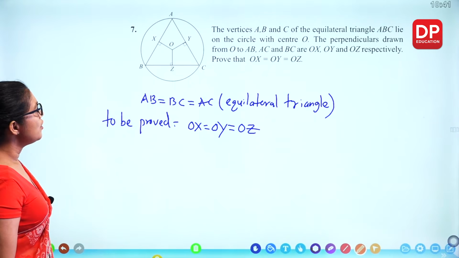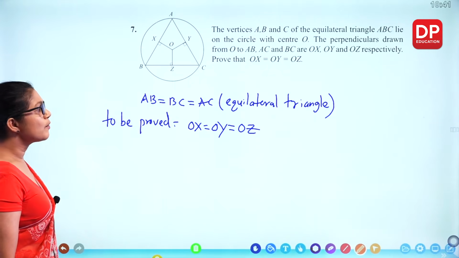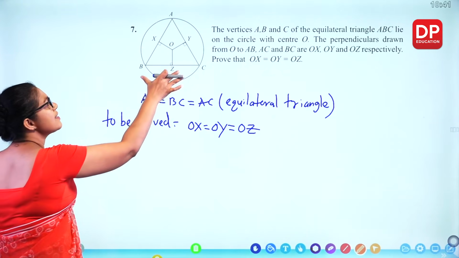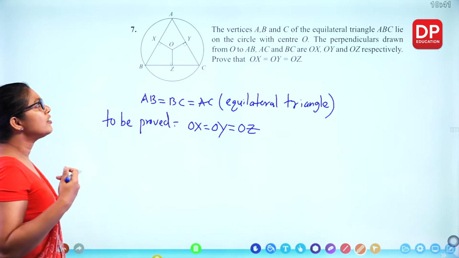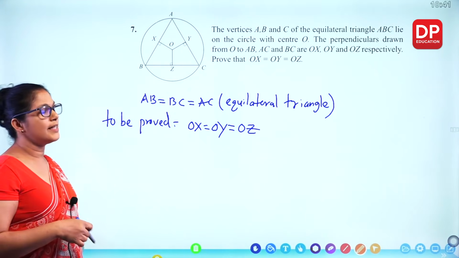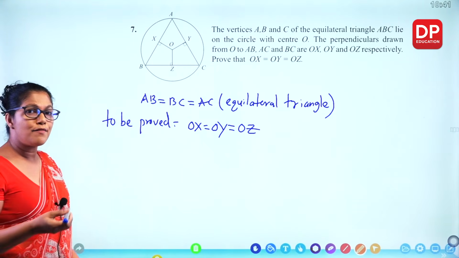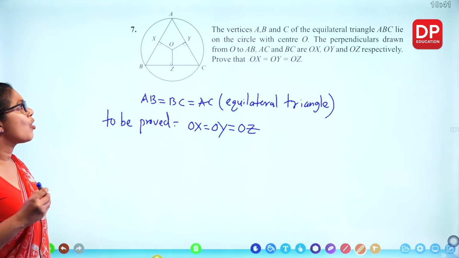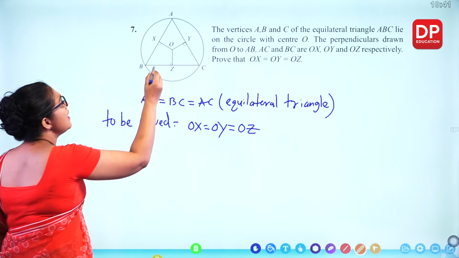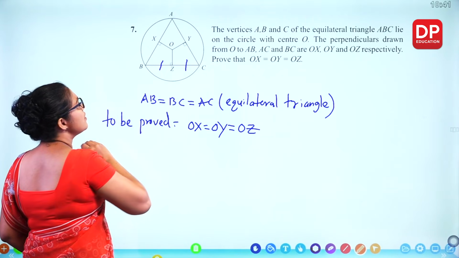Now, when you look at this equilateral triangle, all these sides are equal. And also according to the Converse theorem, when you draw the perpendicular line from the center, the chord bisects. So here this length is equal to this length.